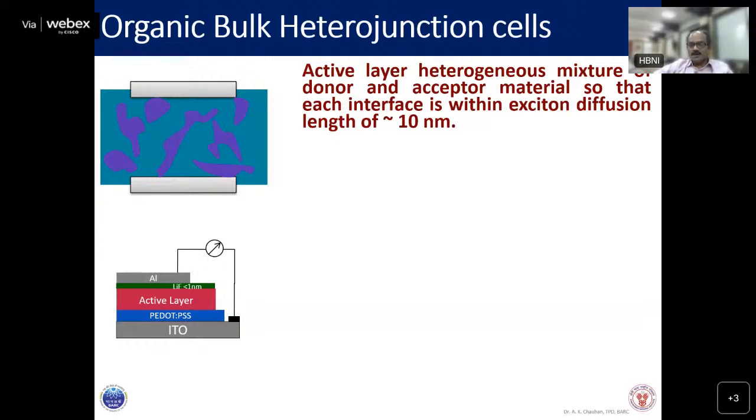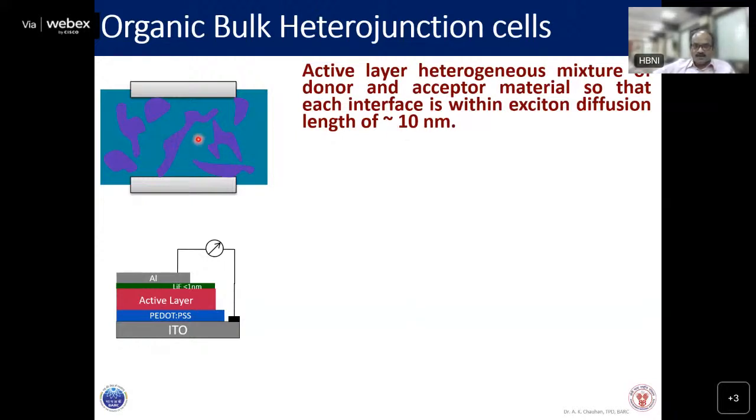So just to summarize these things: the active layer is a heterojunction mixture of donor and acceptor material. This is an active layer, which is a heterogeneous mixture. Suppose this material is donor, this is acceptor. You have just blended them so that each interface is within the exciton diffusion length of nearly 10 nanometers.